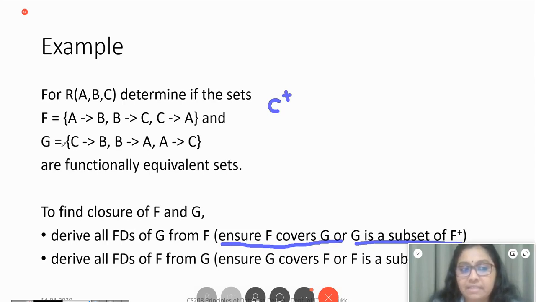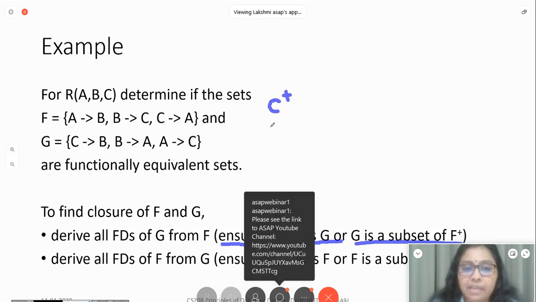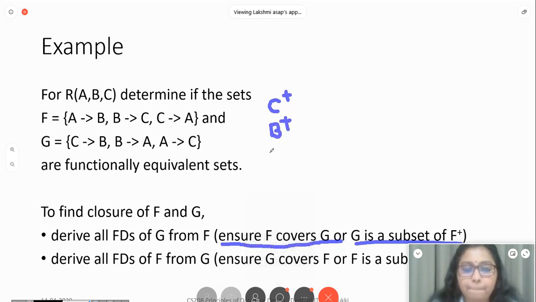I have three, isn't it? 1, 2, and 3. What are the left-hand side attributes? I have C, I have B, and I have A. So C closure I find, B closure I find, and A closure I find.